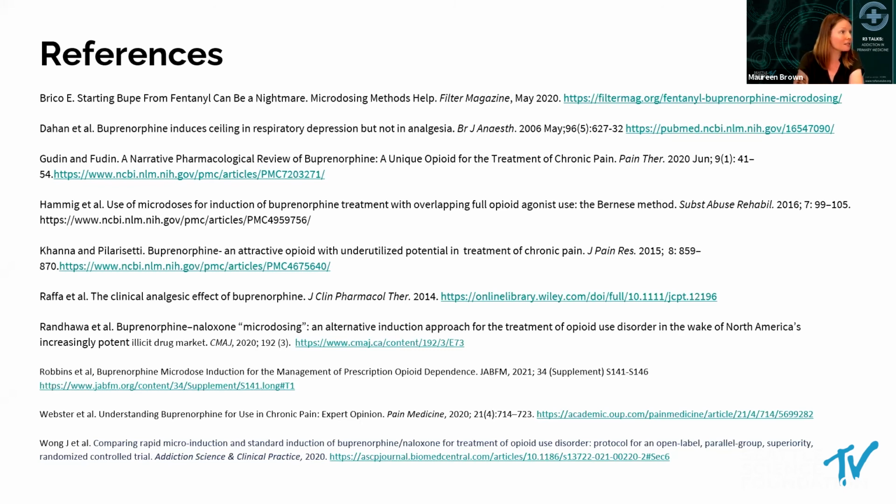Just to review, typically the way that we induce Suboxone right now, or buprenorphine-naloxone to use the generics, is to ask patients to abstain from all opioids until they feel withdrawal symptoms, to come into clinic or do a phone visit at the time of withdrawal symptoms, and then to begin a dose of buprenorphine, either observe them in clinic or check in with them by phone several hours later, and assess for withdrawal symptoms. If withdrawal symptoms are present, increase that dose, and then check in again, typically the same day, depending on your level of suspicion.